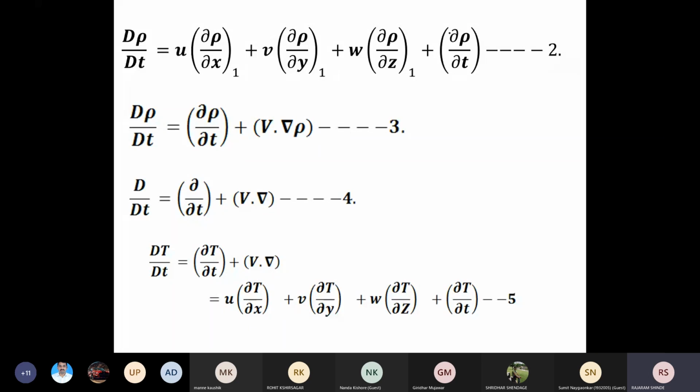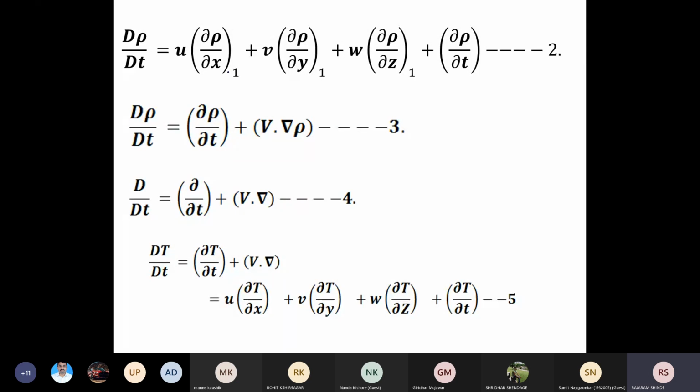Okay. Now see, this is not just a derivative. It is derivative with respect to time plus space, with u, v, w.